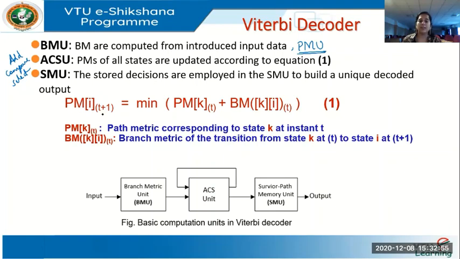The path metric for state i at time t plus 1 can be written as the minimum of the path metric corresponding to state k at instant t plus the branch metric for the transition from state k to state i from time t to t plus 1.